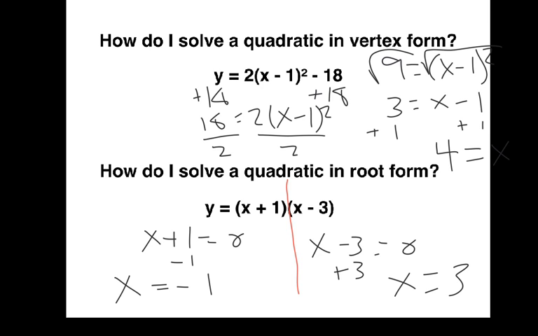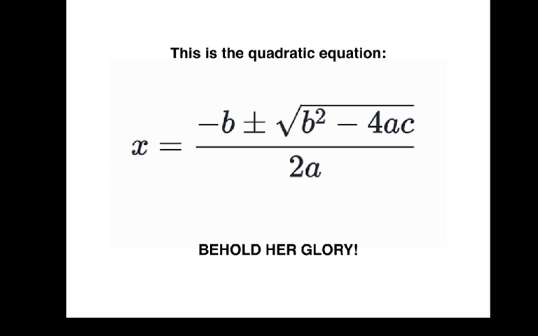Those are the two main ways that we've been doing this, and today, dealing with standard form can be hard, but today we are going to learn the secret weapon that everybody's been talking about. There she is, folks, the quadratic equation. We've got x equals the opposite of b plus or minus the square root of b squared minus 4ac, the entire enchilada divided by 2 times the quantity a.